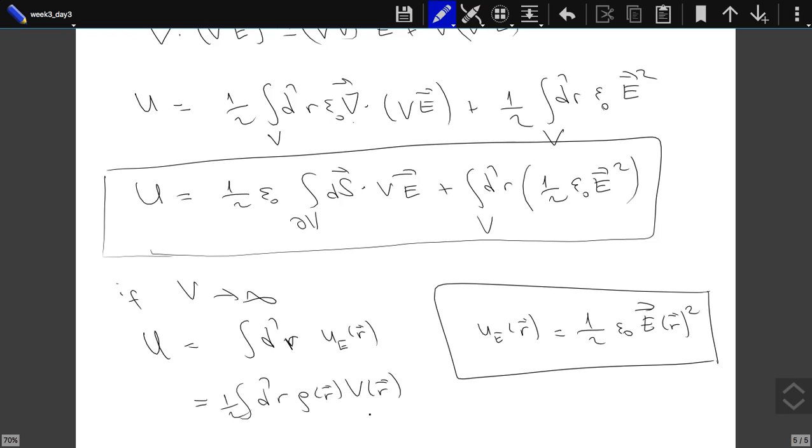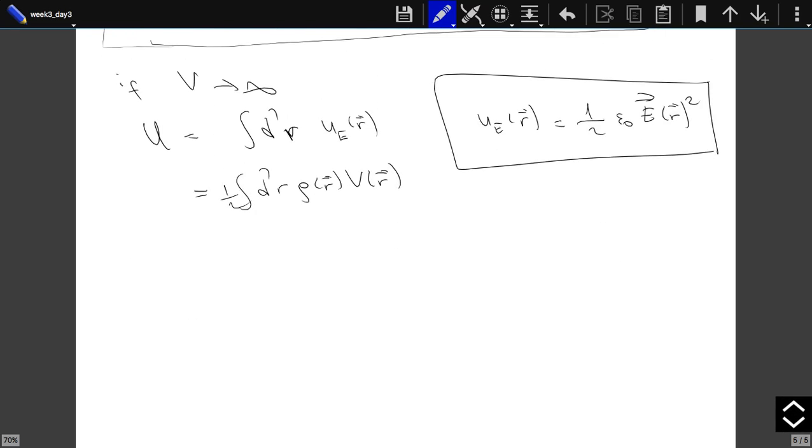Let's do an example. Let's imagine we have two charges, two point charges. This one is located at the point r1, this one is located at the point r2. What is the potential energy stored in this system?